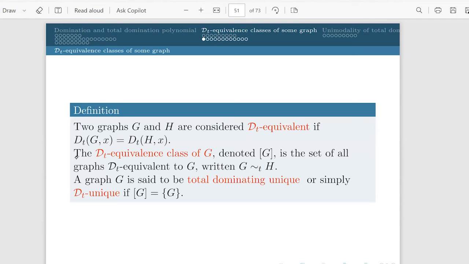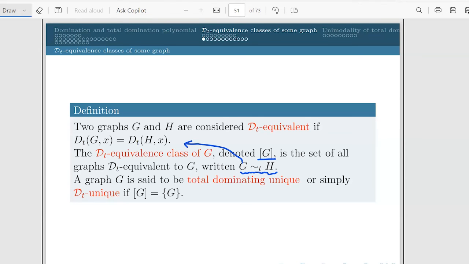As I said before, a class of G is the set of all graphs which are DT equivalent to G, and we denote this relation by tilde sub t, and it means that the total domination polynomial of G is the same as the total domination polynomial of H. And we say a graph is total domination unique if the class contains just the graph itself.